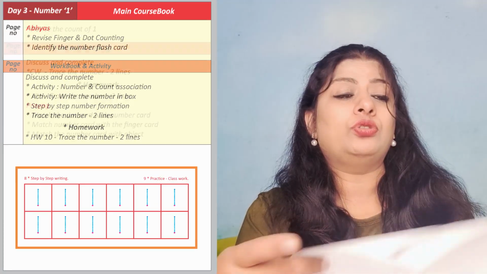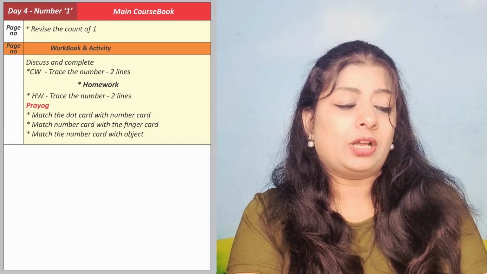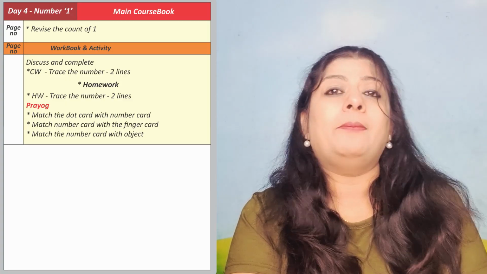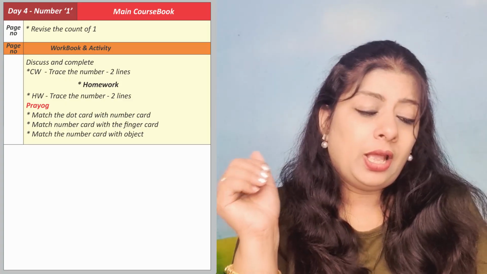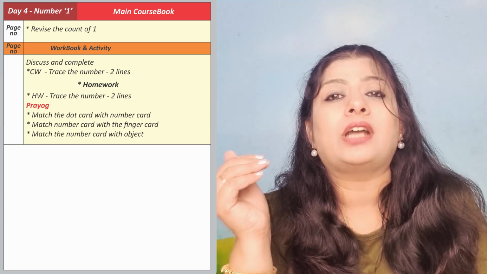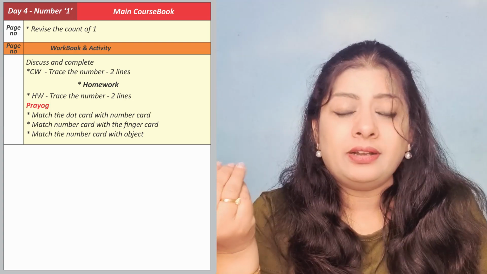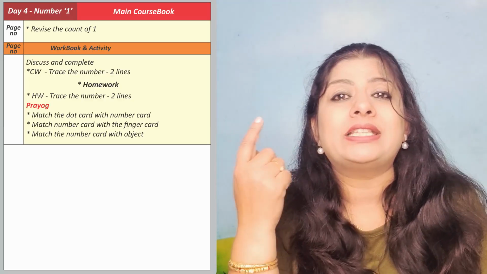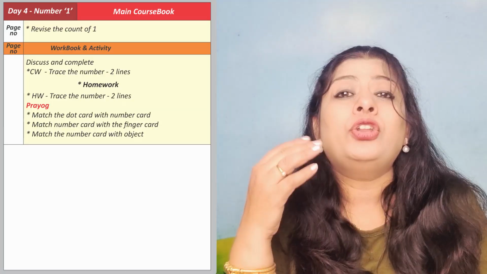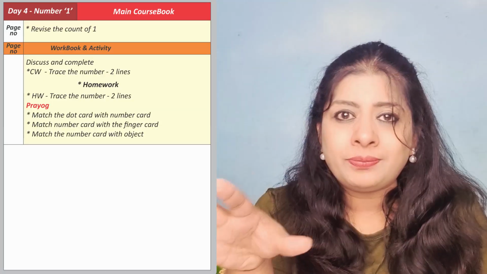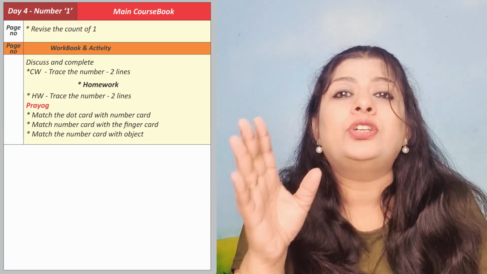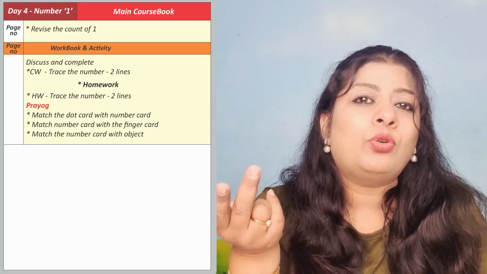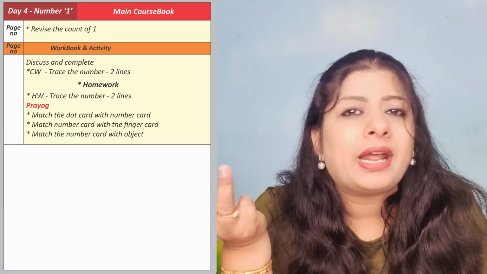So let's move on to day number 4 and see what we are doing. We are revising the count of 1 and Abhyas continues along with Prayog. So children will use this counting ability in real life examples. As I told you, games like look around in the class, identify the things that are 1 in number, or you can have calendars, remote and other objects in the classroom and ask the child to identify number 1 on currency, on calendars, on remote control and number board and other things.